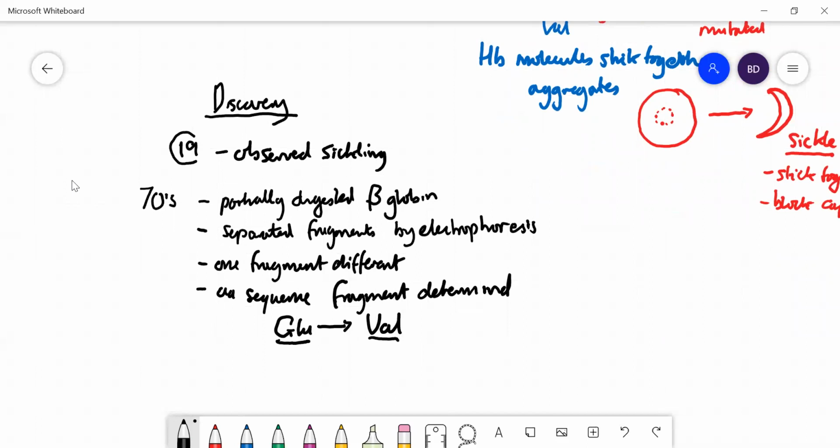At that stage, in the 70s, DNA technology was obviously nowhere near as advanced as it is nowadays. And it was not until about 1980 that they managed to clone the gene for beta globin. They cloned it and they sequenced it.